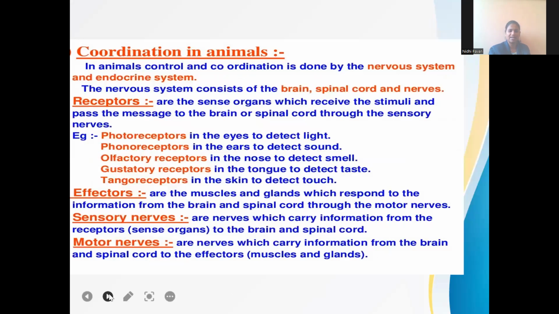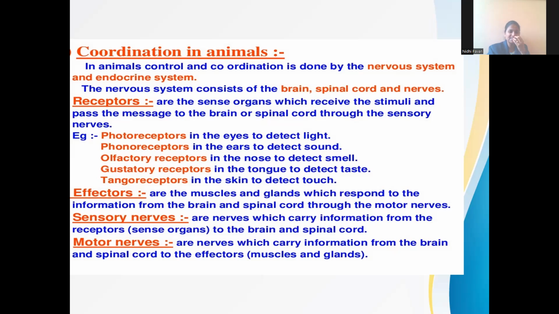As I said, there are sensory nerves and motor nerves, and you will have the effectors. Which are the effectors? These are the muscles and glands which respond to the information from the brain and spinal cord through the motor nerves. For example, if you go to a factory or inhale any dust particle, immediately you will sneeze.